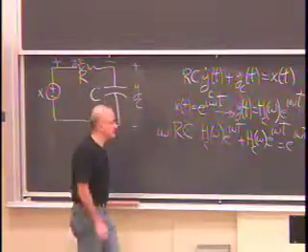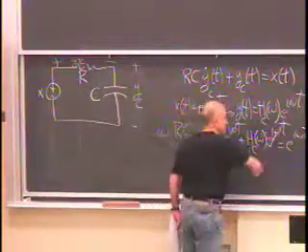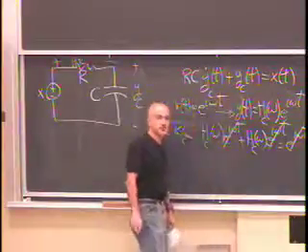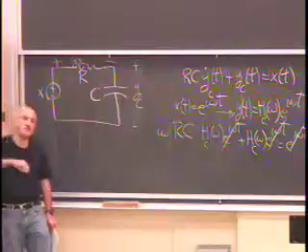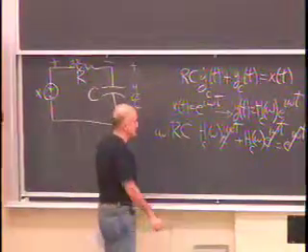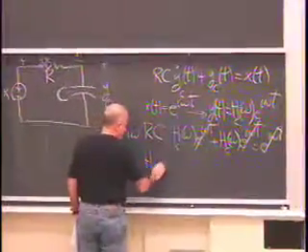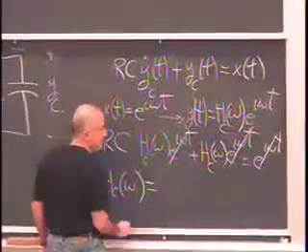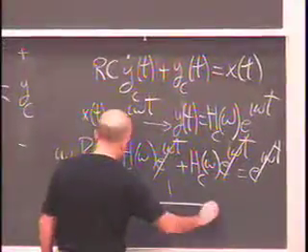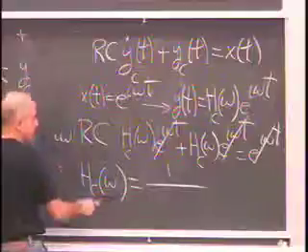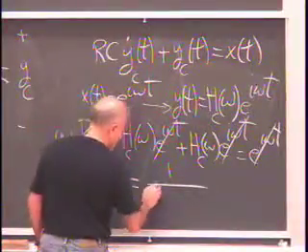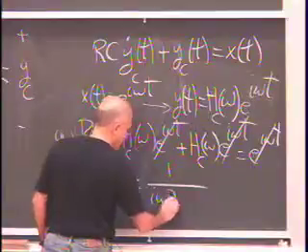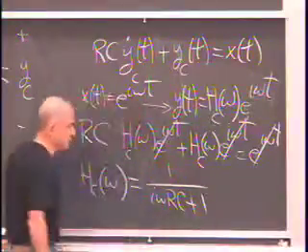And our standard trick, well, it's not a trick, really, is we get rid of the e to the I omega t, because that's just the phasor going around the unit circle, so it's never 0. So we can get rid of it. And then when we solve for HC, we get 1 on the right-hand side. And on the left-hand side, we get I omega RC plus 1.